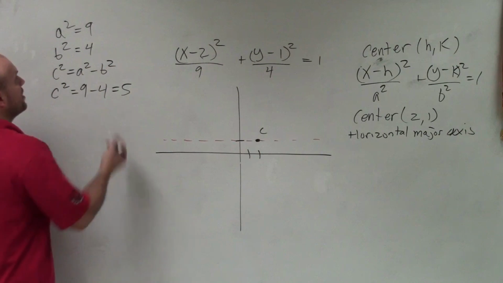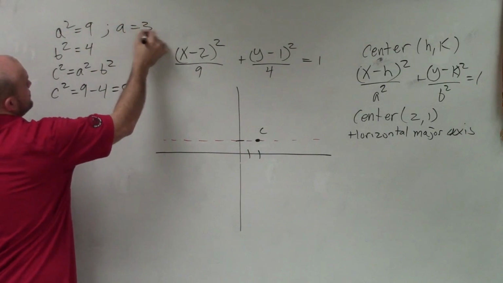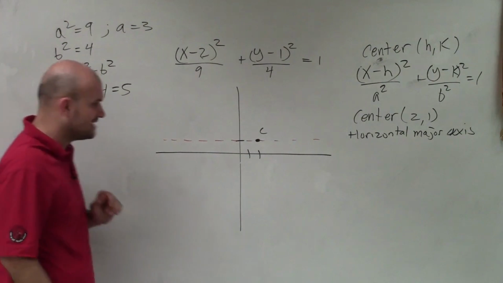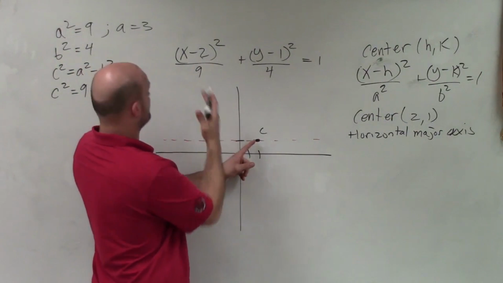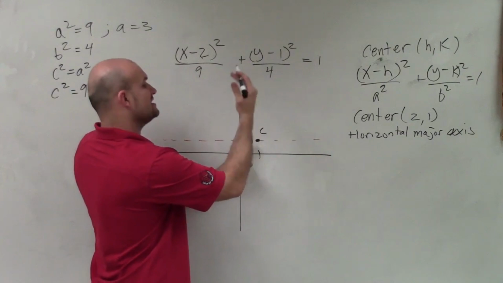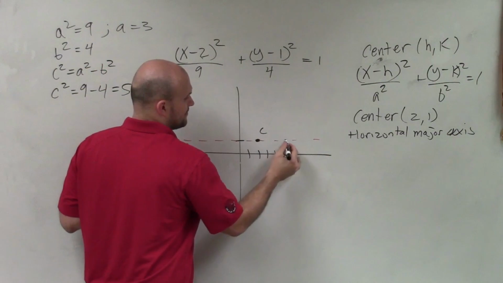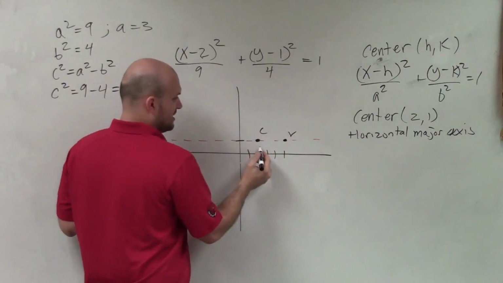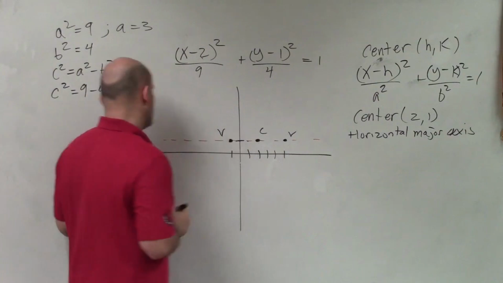So again, let's figure out what a is. So if a squared is 9, we can say a equals 3 as I take the square root of both sides. So if my center is at 2, 1, I just need to go 3 units to the right to find one vertice and 3 units to the left to find the other vertice. So I'll go 1, 2, 3. That's vertice 1. And then to the left, 1, 2, 3. That's vertice 2.